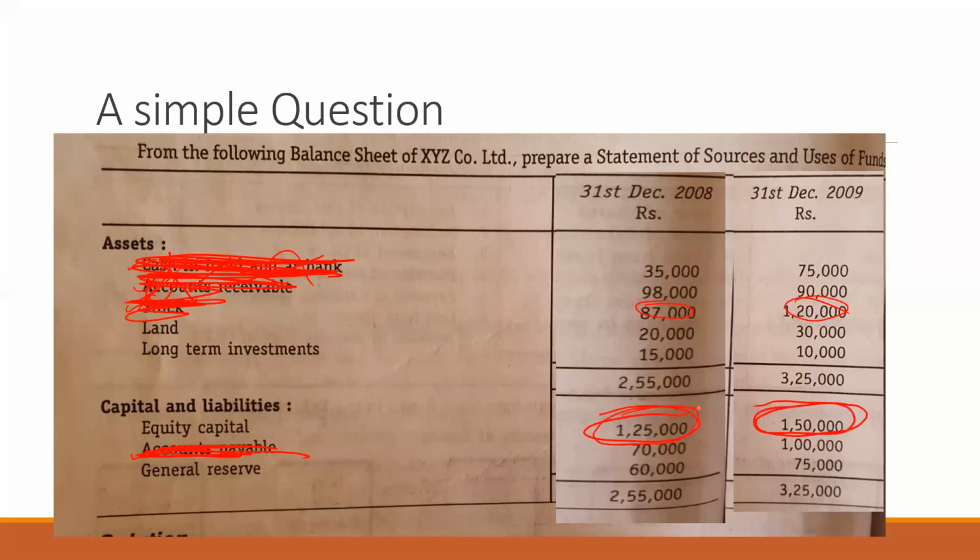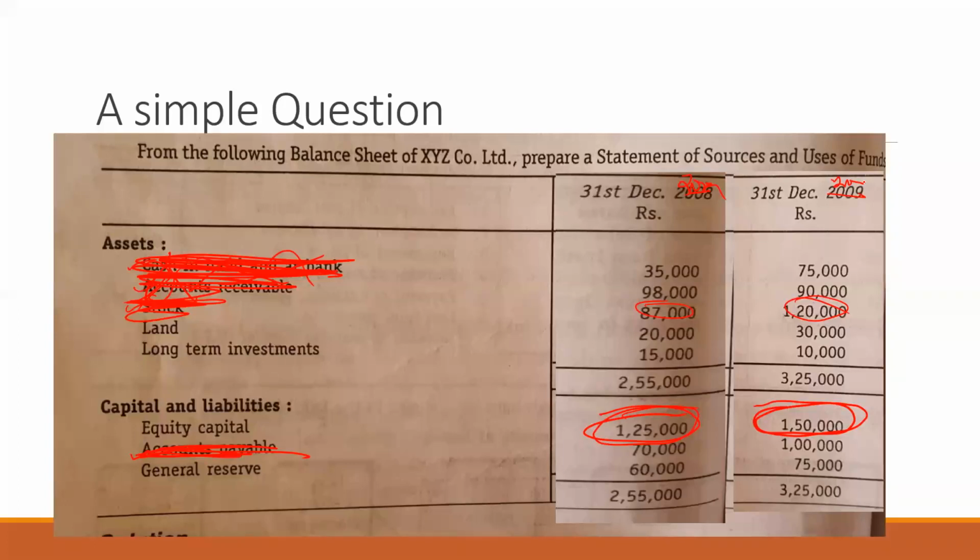See, in 2008 and 2009, or 2009 and 2010, equity capital was 1,25,000, and the next year it became 1,50,000.